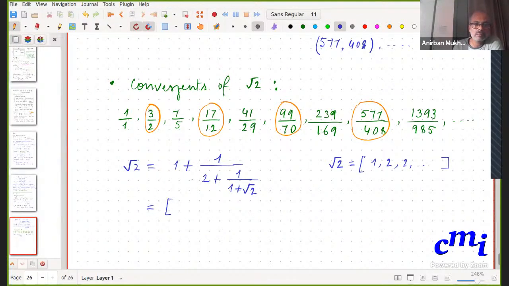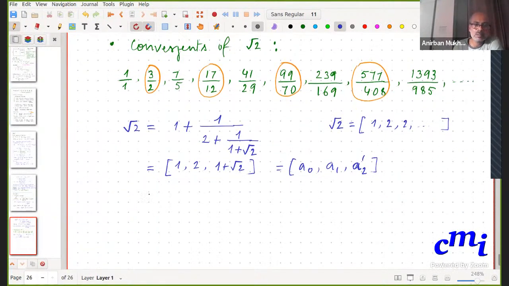If you look at this, then it is 1, 2, and then you have a complete quotient, which is 1 plus square root of 2. In fact, if you just iterate this same process, then in our notation this is a0, a1, and then a2 dash, the complete quotient.